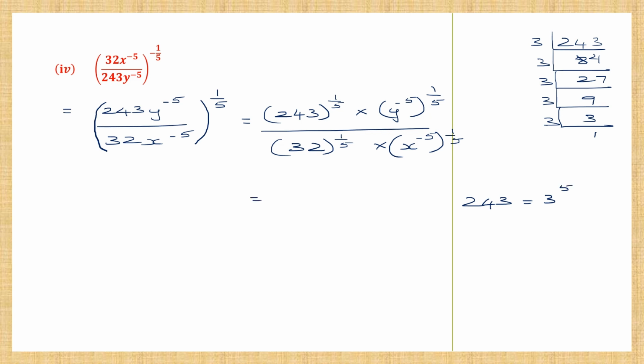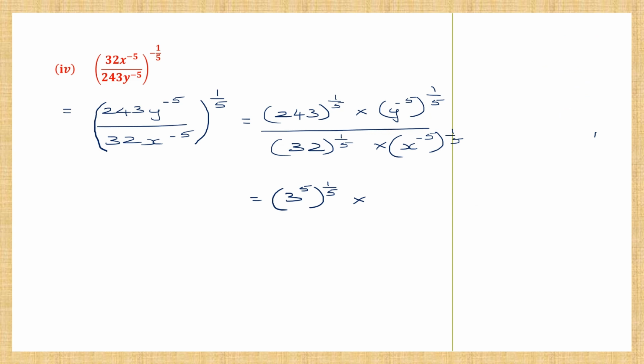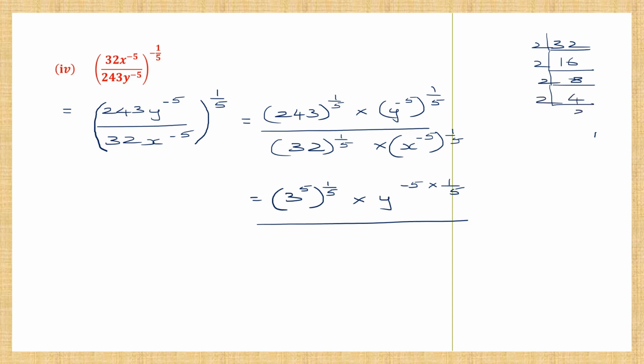So let's write that. So 3 raised to the power of 5, this whole thing is raised to the power of 1 by 5 into, let's use the power law here, y to the power of minus 5 into 1 by 5. In the denominator, we have 32. Now 32, let's find the prime factors. Divided by 2. 2 16s are 32. 2 8s are 16. 2 4s are 8. 2 2s are 4.